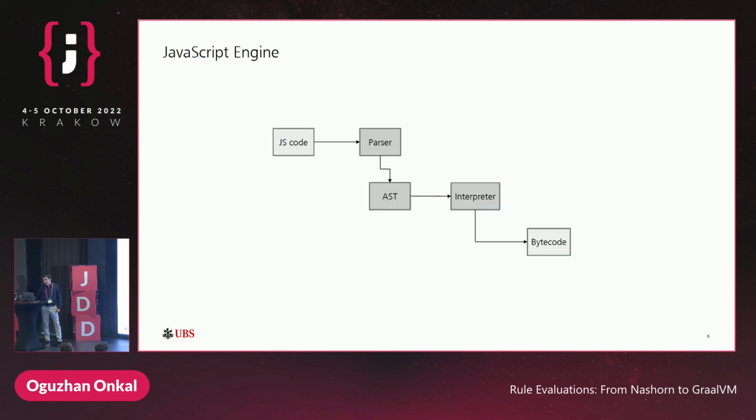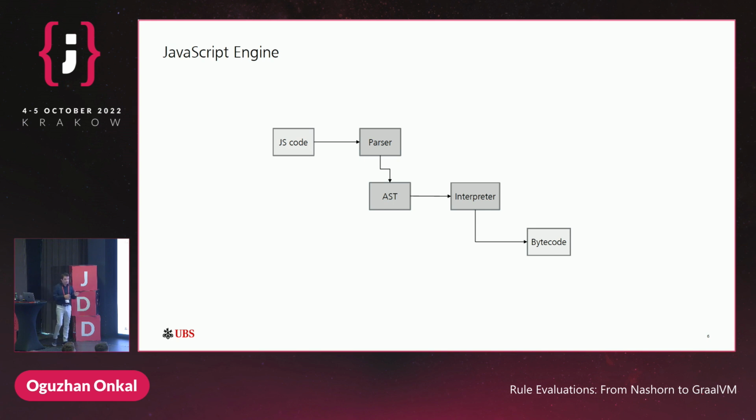Okay, so before we talk about the JavaScript engine, let's look at how it actually works. You basically have JavaScript code and you want to run this code on the JVM. To do that, we usually have a parser, and this parser converts that JavaScript code into an abstract syntax tree.